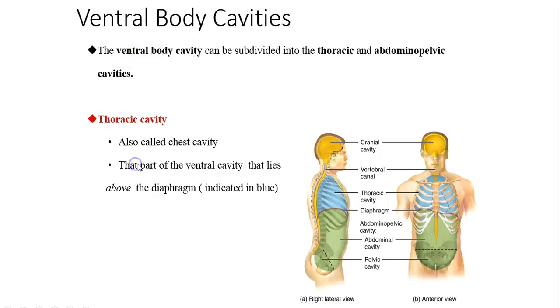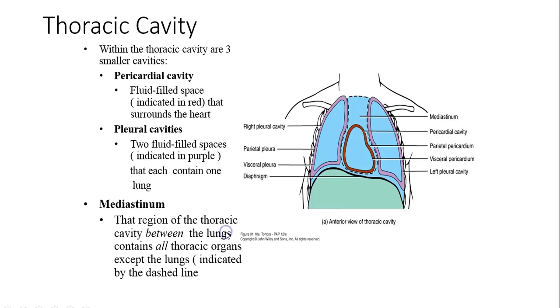These are the meninges. Then the ventral body cavity, as we saw, is divided into thoracic and abdominopelvic by this diaphragm. Here you can see a detail of the thoracic cavity. Here is your diaphragm, so everything above it is going to be in the thoracic cavity.